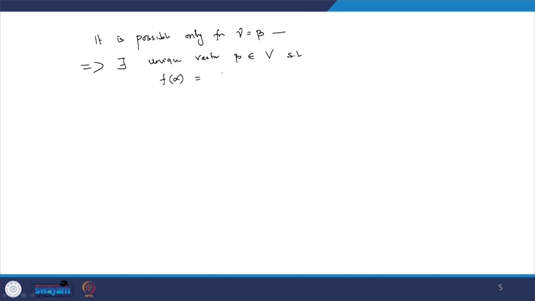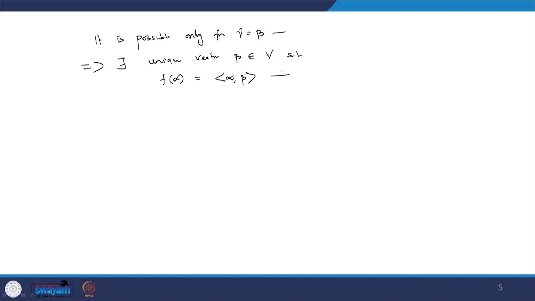Now, this is possible only for gamma equal to beta. So, this implies there exists a unique vector beta in V such that f of alpha equal to the inner product of alpha and beta.